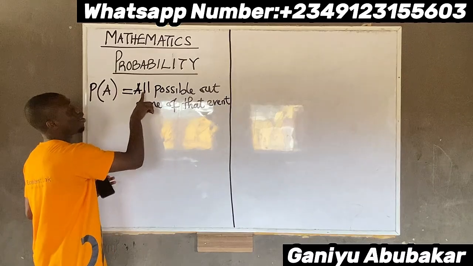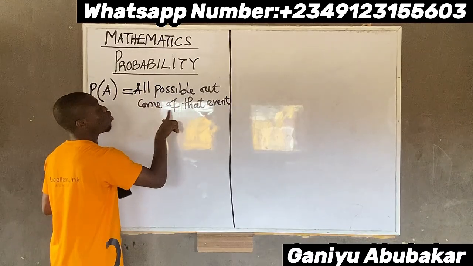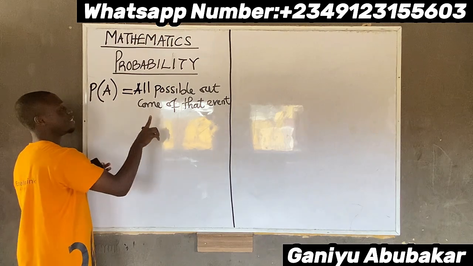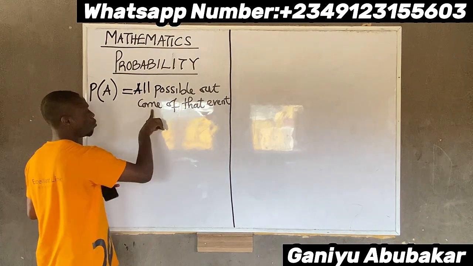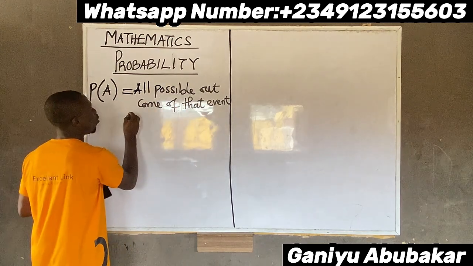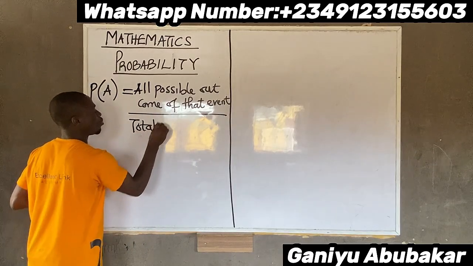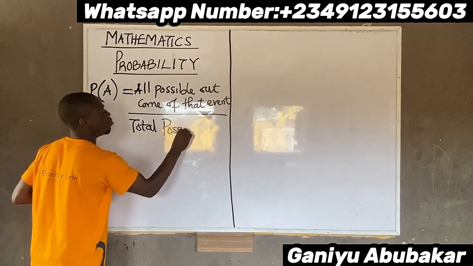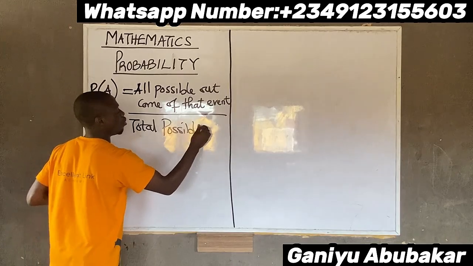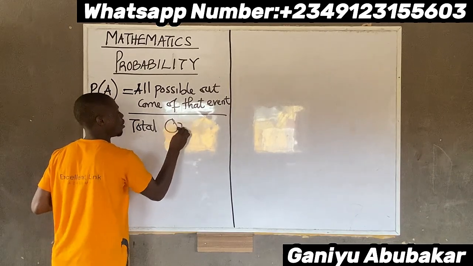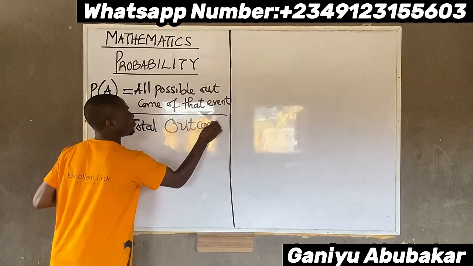So more like saying all possible outcomes of event A, but in this case, because I want to generalize it, all possible outcomes of that event, all over total possible, or total outcome, all over total outcome.